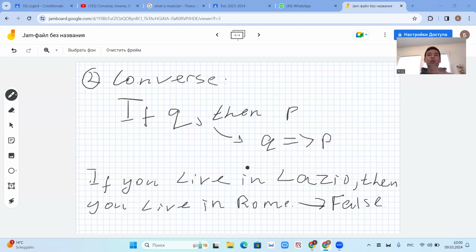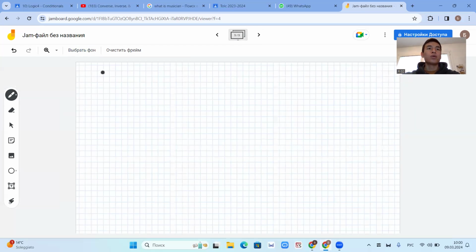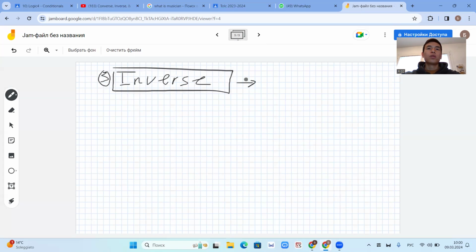Значит, Lazio does not imply Rome. Okay. Next one, was it inverse? Yeah, it was inverse. Do you remember what was the inverse? What form it was? Negation of both.